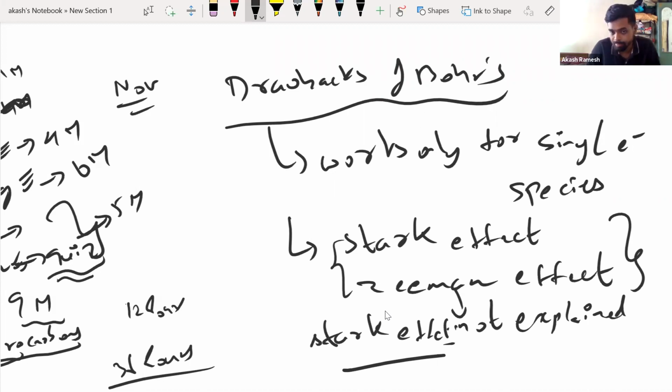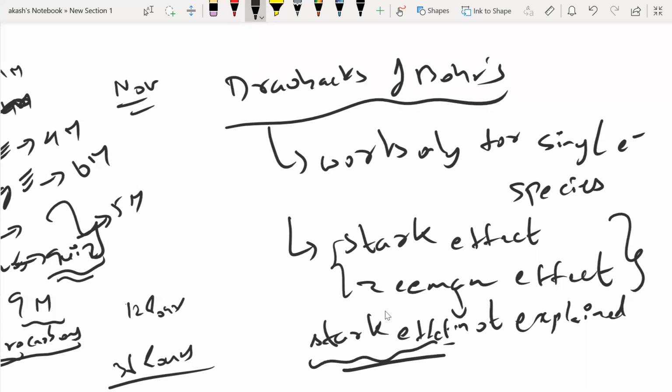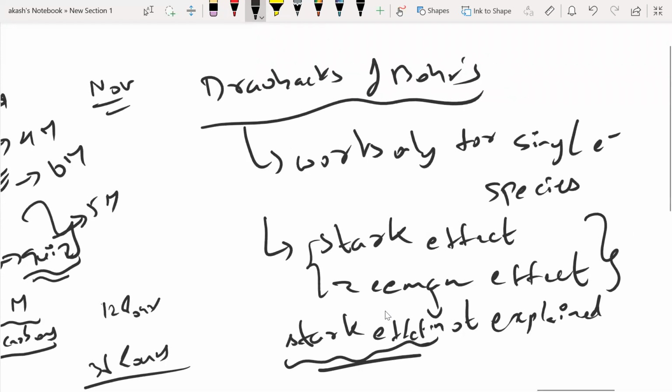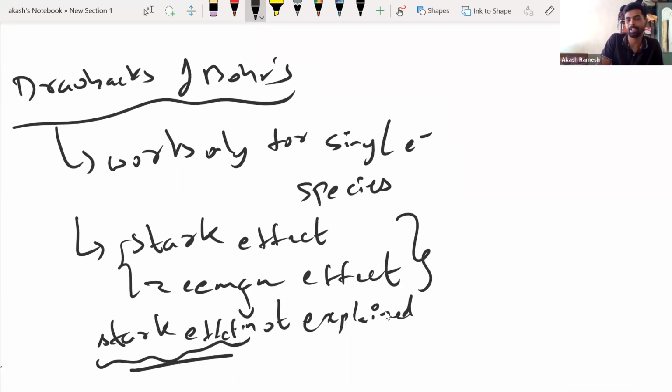What is the question? Sir, what is the name of the phenomenon? Stark effect. We're talking about the Stark effect. If you want to completely understand this, we don't have that much physics knowledge right now. All you have to understand is that we know what spectral lines are.